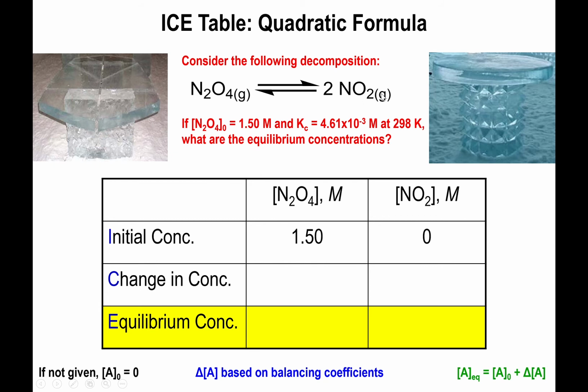We have been told nothing about NO2, so that means that the initial concentration can be regarded as being 0. The change in concentration is based on the balancing coefficients. A coefficient of 1 for N2O4, a coefficient of 2 for NO2. So you will decrease the reactant concentration by minus x, but you will increase the concentration of NO2 by 2x. So pay attention to those balancing coefficients.